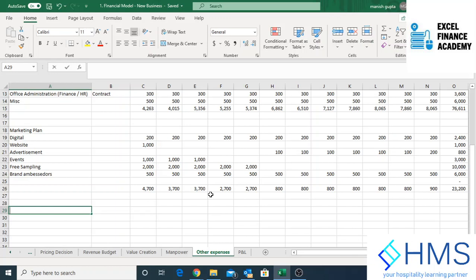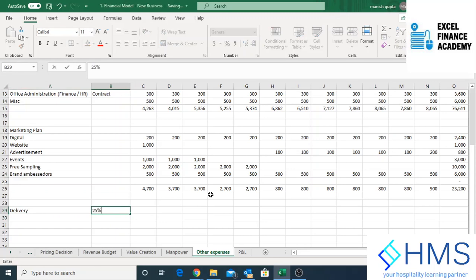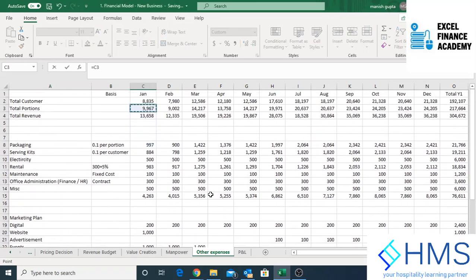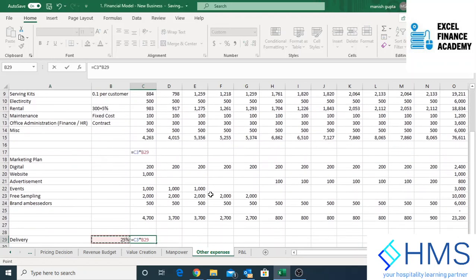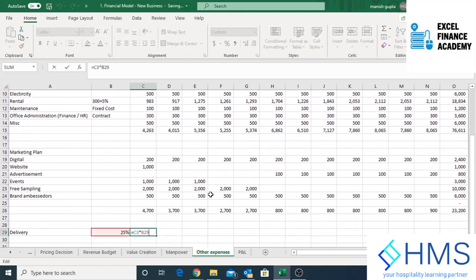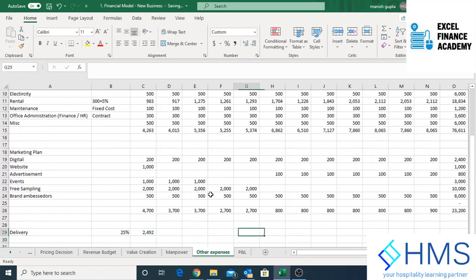So we have to decide in some ways. So let's say the delivery, maybe let's say 25% then. So delivery 25% means the total consumer we are going to sell is 9,000. So means 25% of them will be delivery based. So you can use a fixed percentage, or you can say each month maybe it varies. So you can do it in this way also.